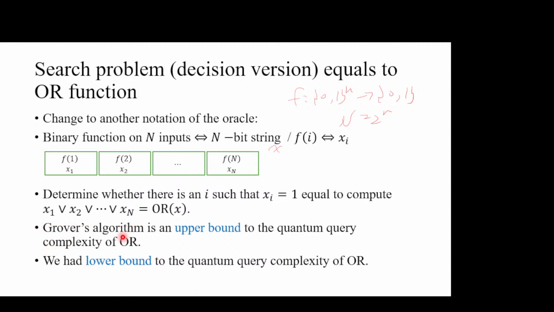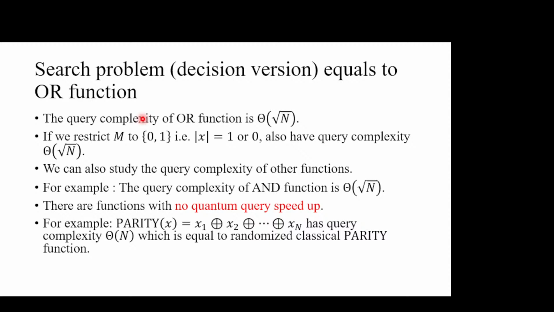Grover's algorithm is an upper bound, and the lower bound is really a lower bound on this OR problem. The OR problem is also a search problem. Because we have a matching upper bound and lower bound, we totally determine the quantum query complexity of the OR function, which is theta square root of N.